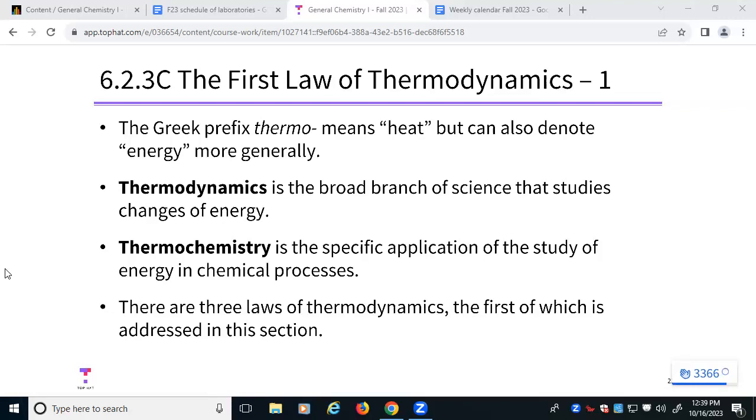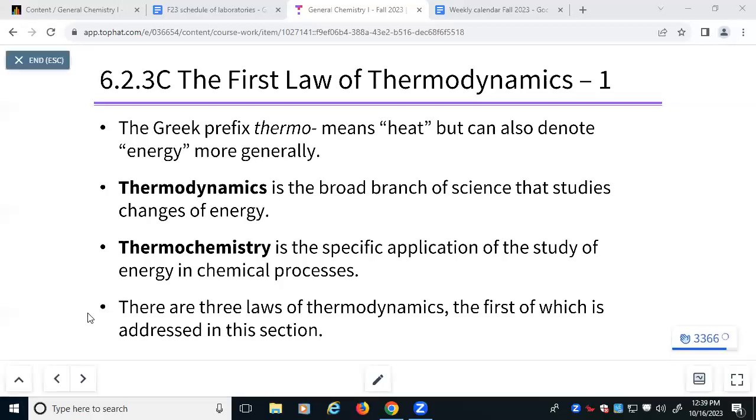And eventually, when you apply the principles of thermodynamics to redox, that's called electrochemistry. And that's where you get into batteries and other kinds of electrical systems related to chemical reactions driving the electricity. So we're getting a first taste of it here. For those of you moving on to the next step, you'll see a lot more of it next semester.